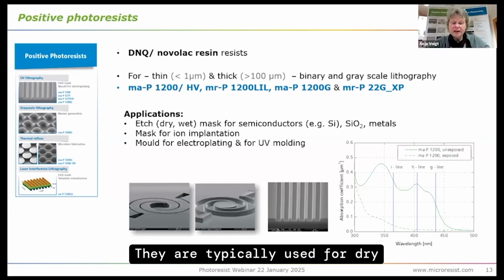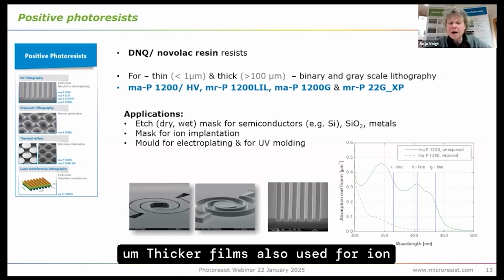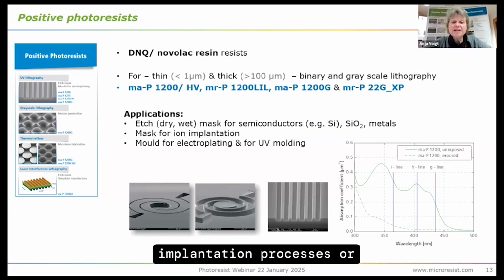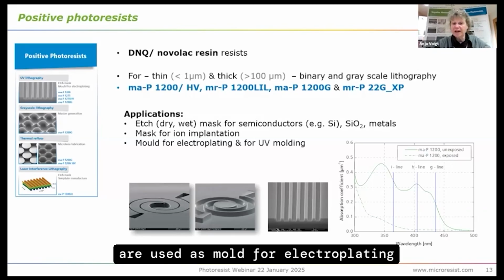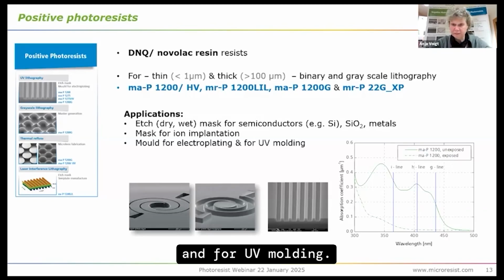They are typically used as a mask for dry etching and wet etching processes, as already mentioned, for metals. Thicker films are also used for ion implantation processes, or the resist is used as a mold for electroplating and for UV molding.